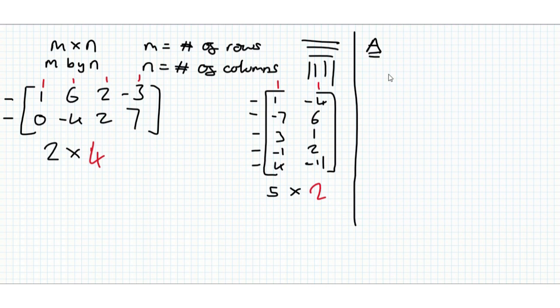A letter with one line underneath would denote a vector, and 2 lines underneath would be a matrix. That's just what I've grown up using, so that's what I'm going to use. And we're going to say that A has size m1 by n1, and our matrix B has size m2 by n2.